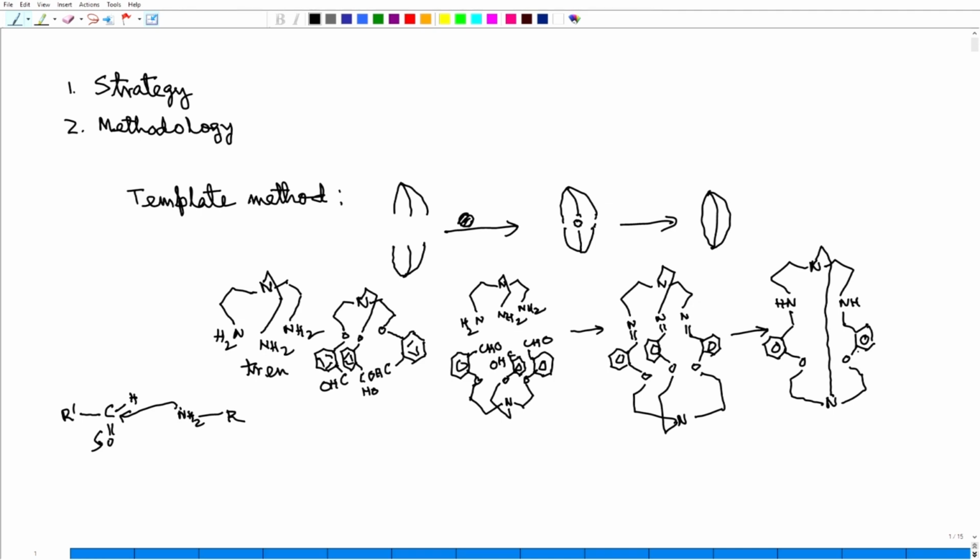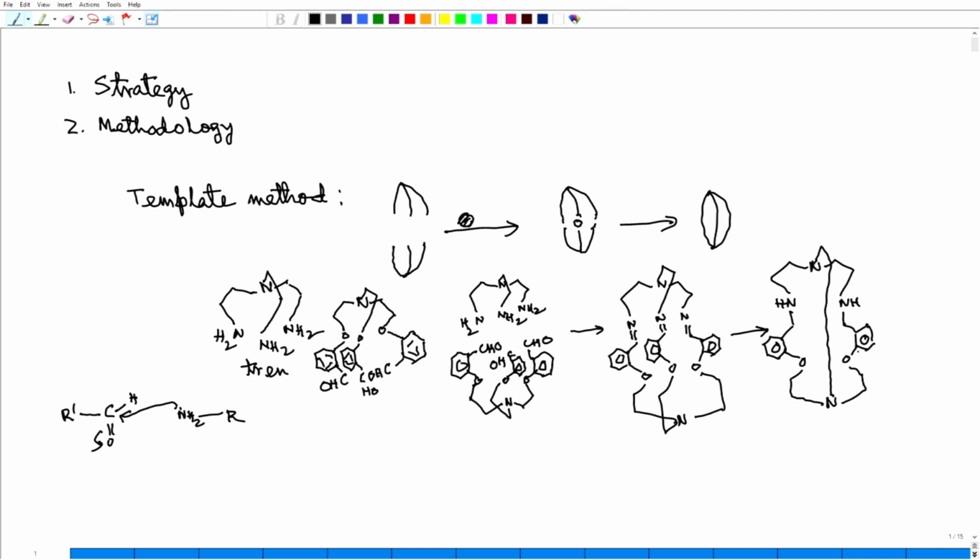The reaction did not go forward. Why? Because we always took a transition metal ion, and a transition metal ion binds with this amine pretty well. That means the lone pair is not available for attacking this carbonyl carbon, so the reaction did not go.